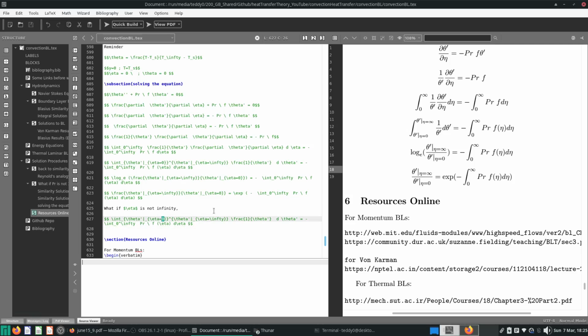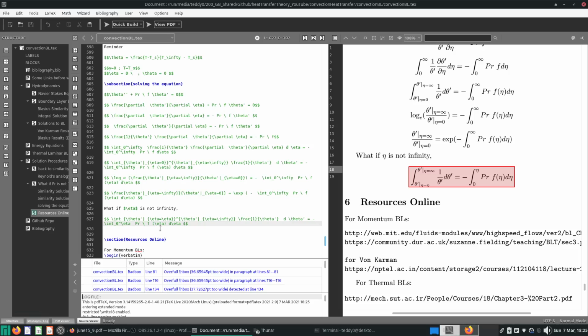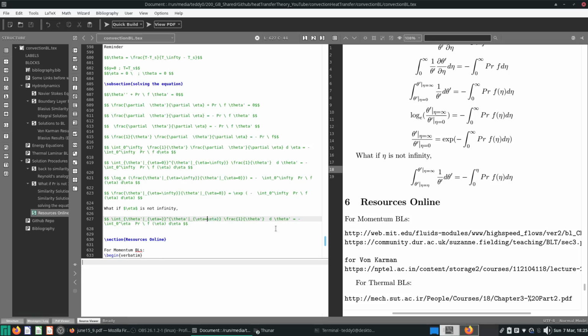Kind of give you the idea of what we should be doing. We should be doing something like that. Yes, now this makes more sense. Why is there still infinity there? Oh, eta equals eta becomes at the bottom. It should be at the top. Right, there you go. Finally.